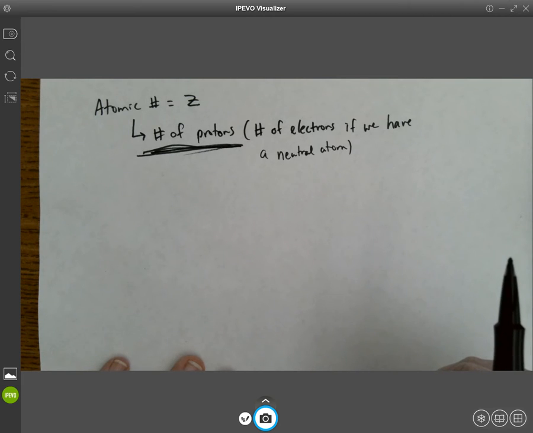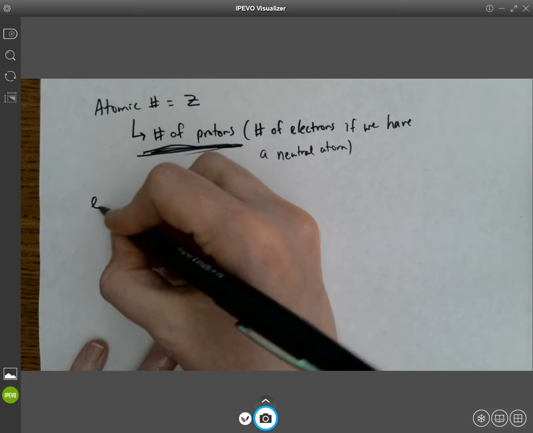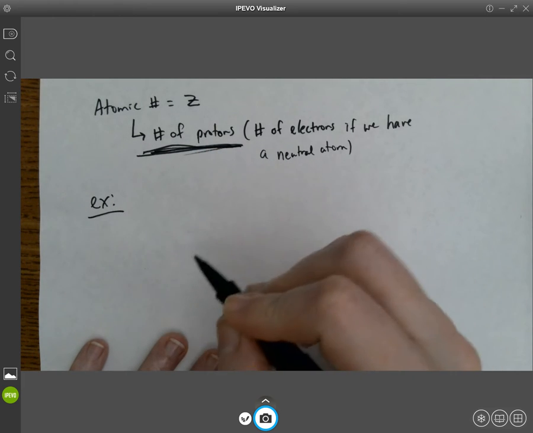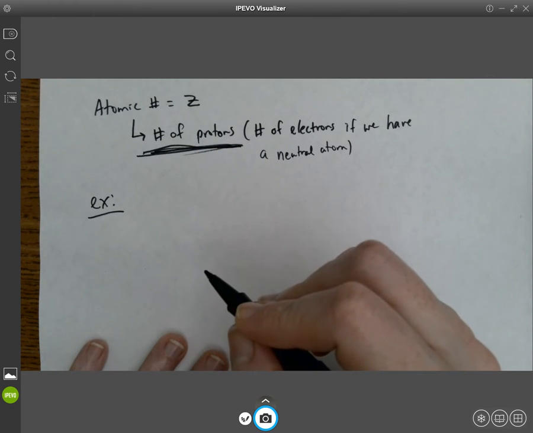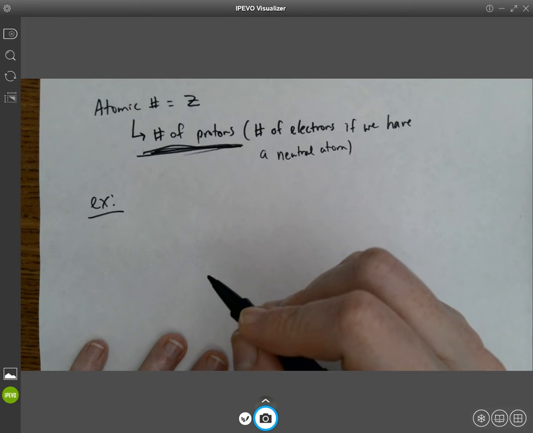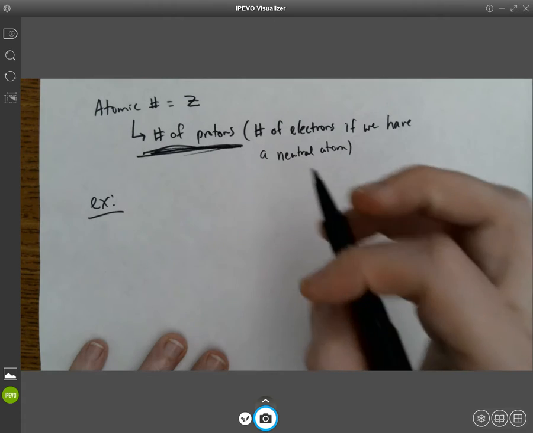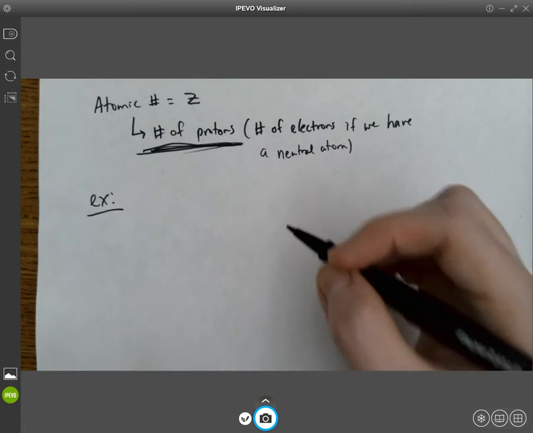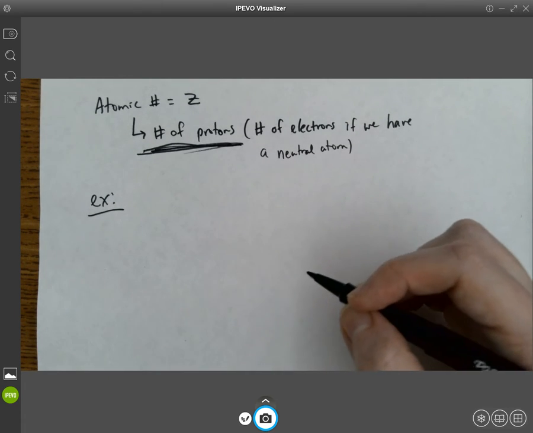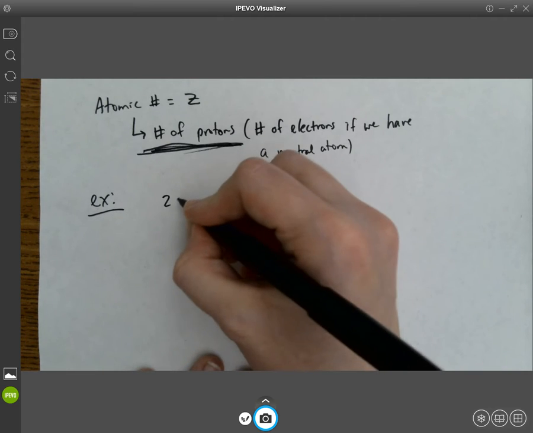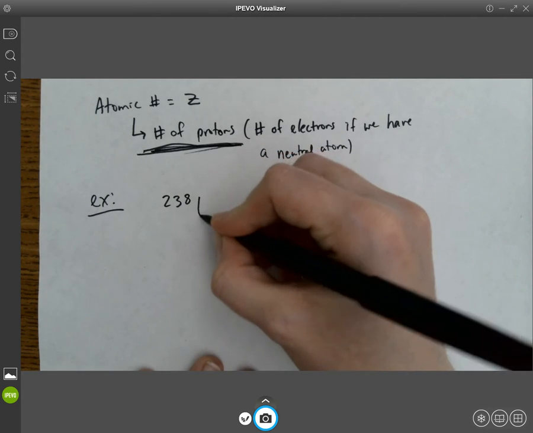Okay, now we are looking at some examples here. So first example, we'll do uranium 238.